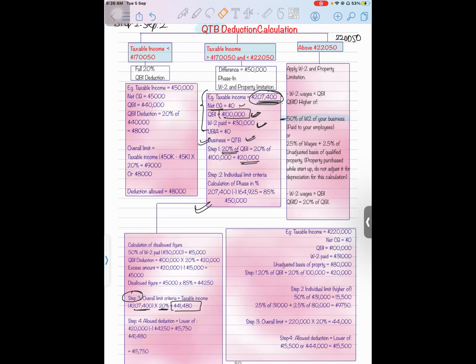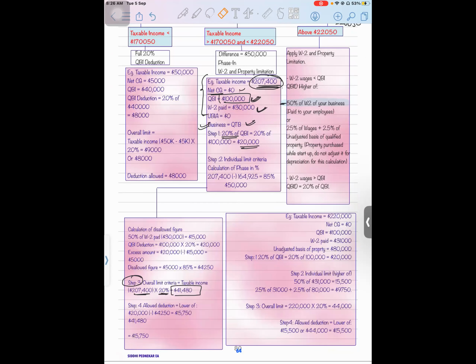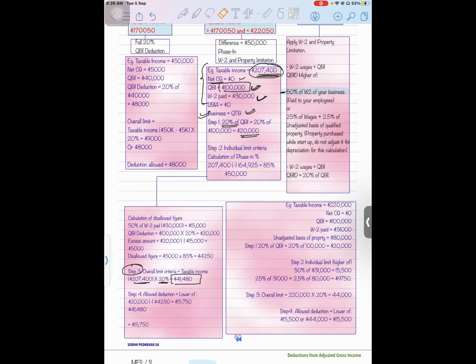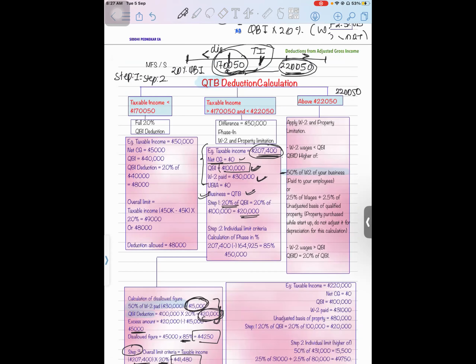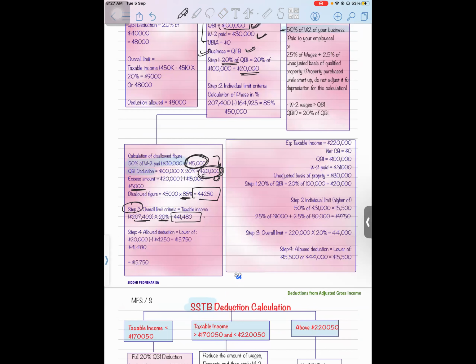So this 85% you are going to disallow from the difference between the QBI deduction and 50% of W2. You reduce your QBI deduction to 50% of W2. Whatever the difference is, multiply by 85%, and this much will be disallowed from your step number 3. In step 4, we see step 3 or step 1, whichever is lower, which comes to 20,000.